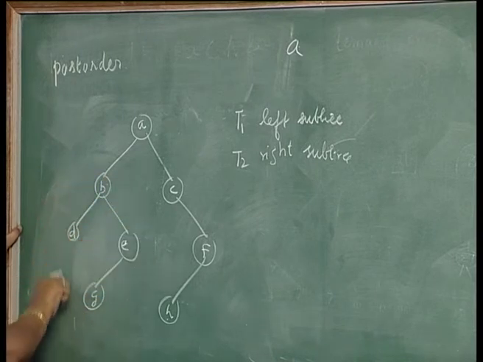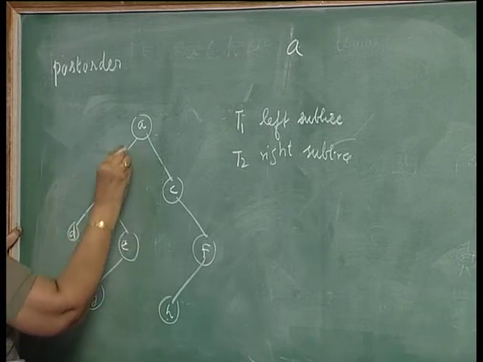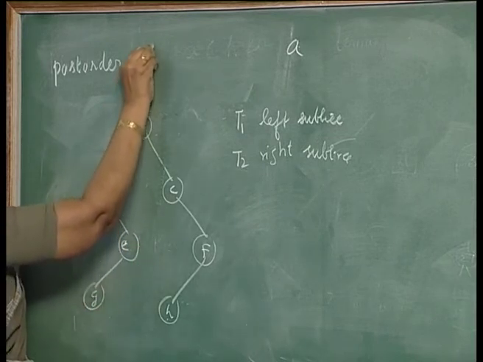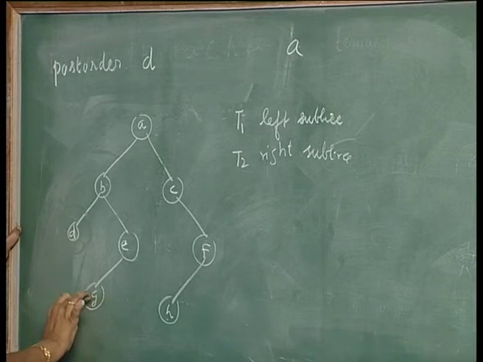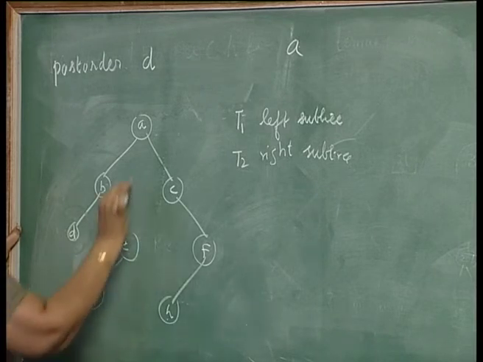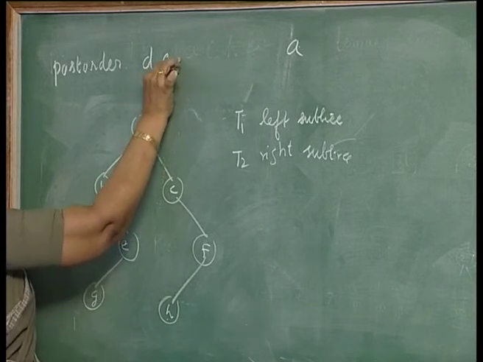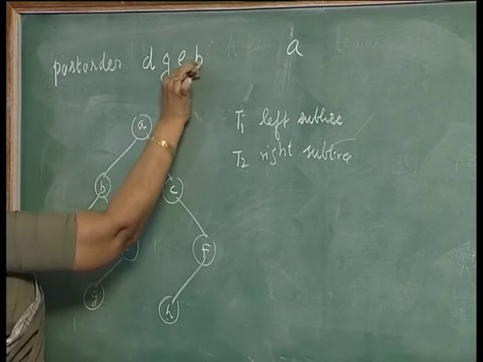The left subtree itself, first the left subtree, then the right subtree, then the root. So, D, then the right subtree, that again will be visited in the post order method. So, G, if there is something here, then E, there is nothing here. So, it will be G and E, then B.